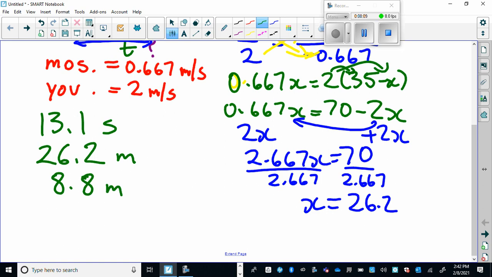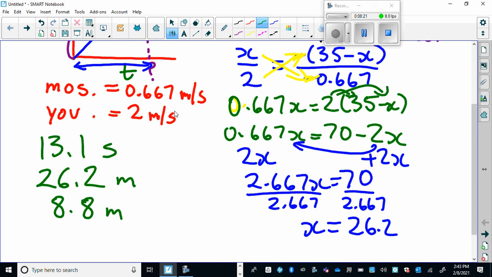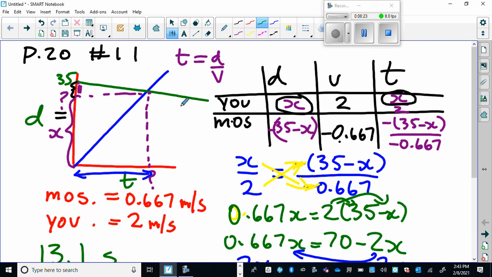Okay, so I hope that clarifies things for question 11 on page 20. Again, the difficulty of the problem is the directions. Make sure you get the directions right. Make sure you do a good sketch, and you should have no problems.